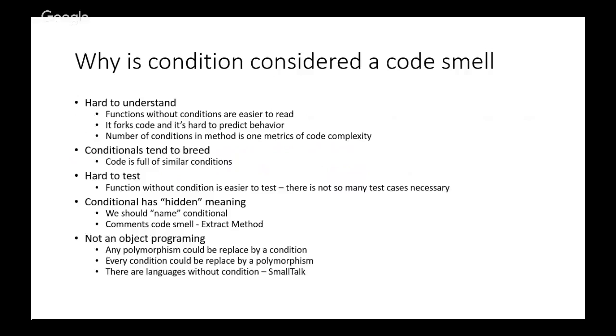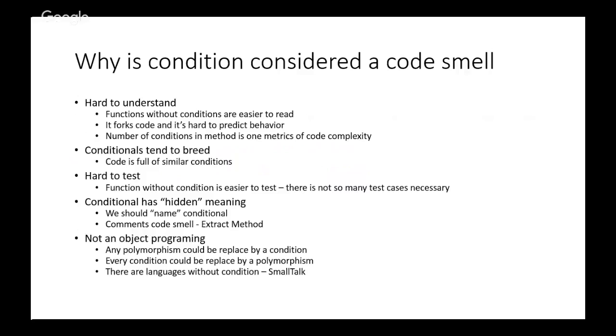So this is the reason why the number of conditions in a method is one of the metrics of code complexity. There are a lot of metrics of how complex your code is, but the number of, let's say, forks in your code is one of these metrics.